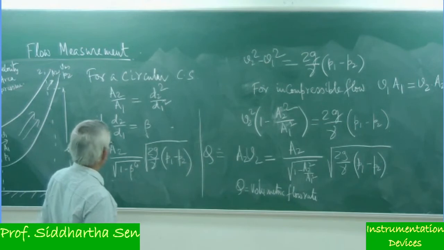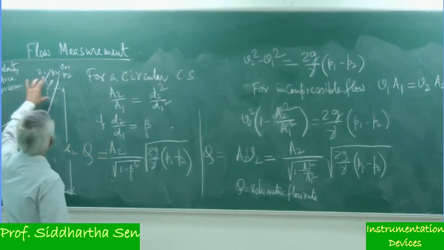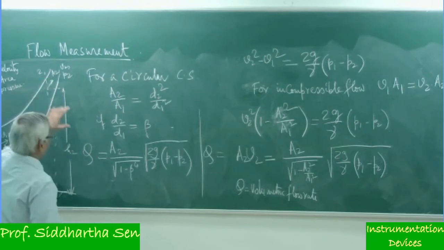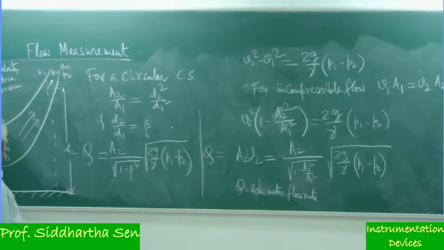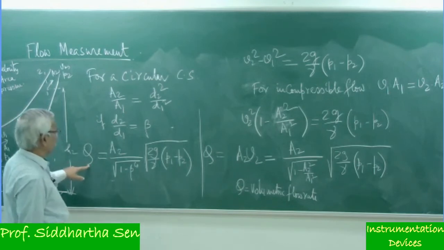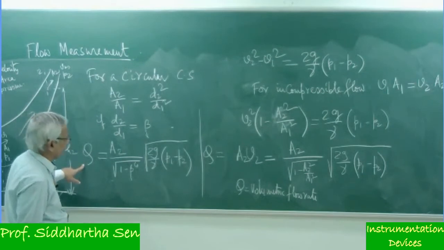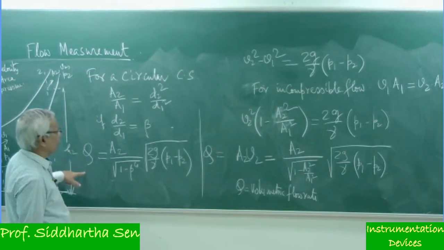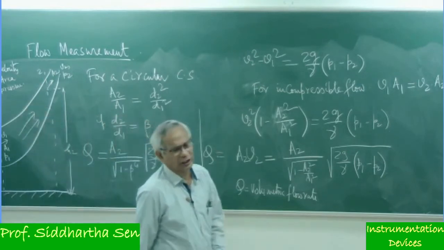We know the cross sectional areas or the beta ratio, and if you know the density of the medium, it is possible to estimate from Bernoulli's principle the value of the volumetric flow rate. So that is what is done in the case of obstruction type flow meter.